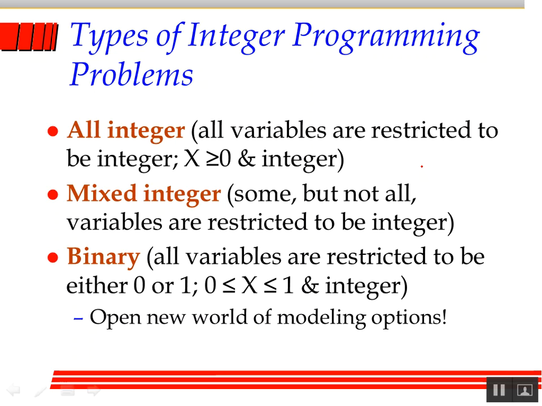Also, the decision variables are assumed to be non-negative, but can be continuous, like 1.5 or 1.55.